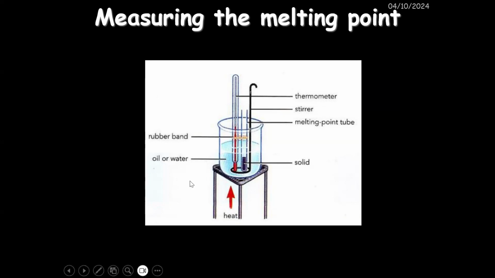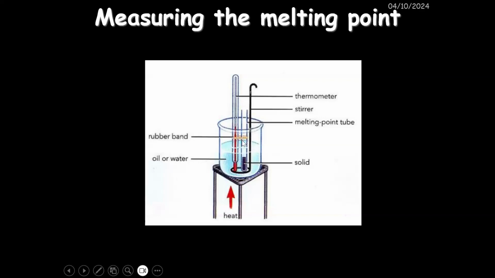So we have some tools: a stand and a heat source, maybe a flame or any heating source, and a beaker with a liquid. This liquid can be oil or water, and this depends on the solid to be measured.